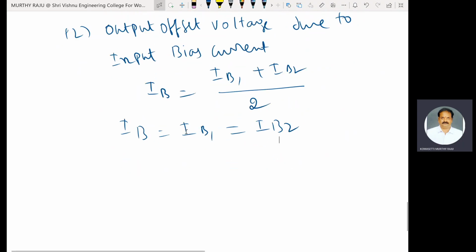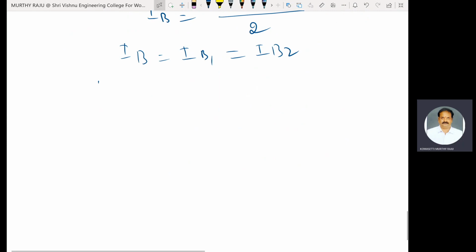Due to input bias current, the input offset voltage is 0, and IB1 and IB2 are present.